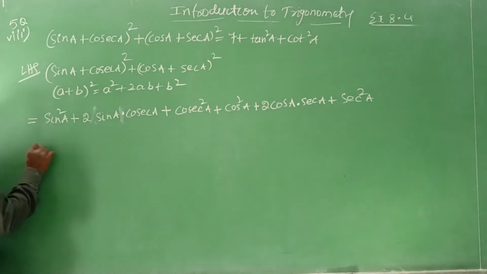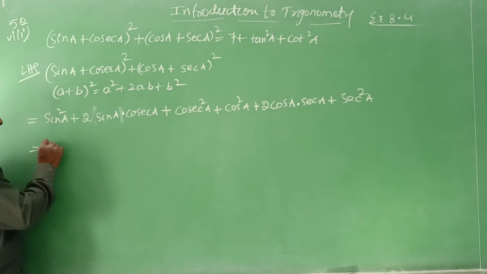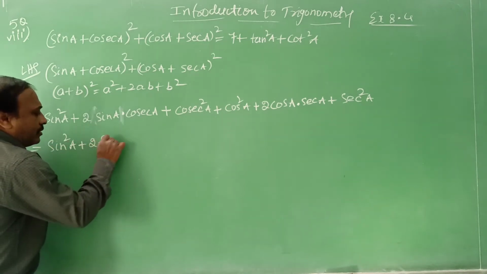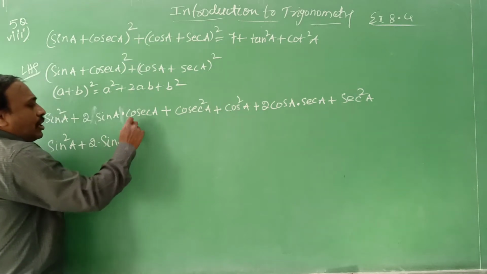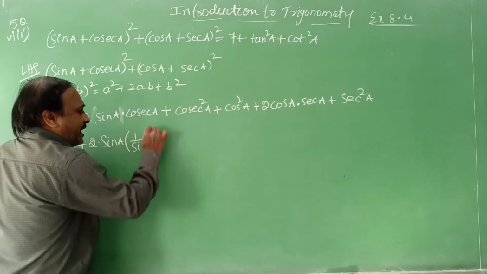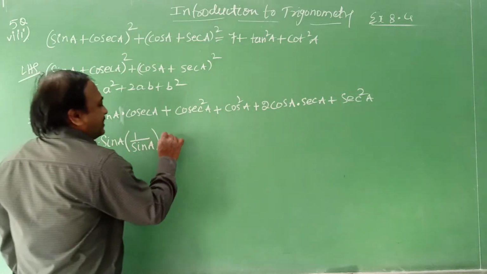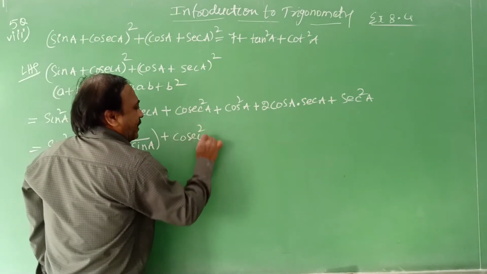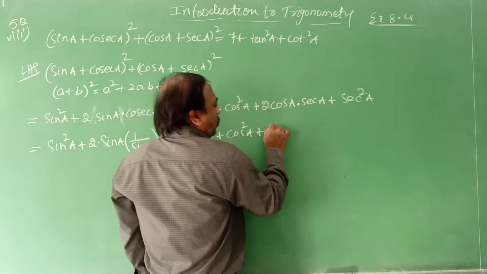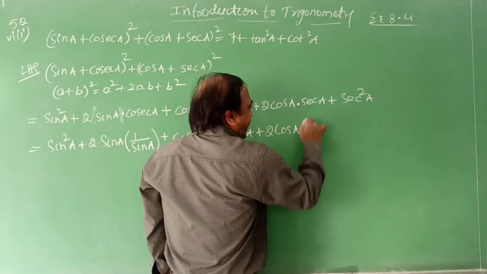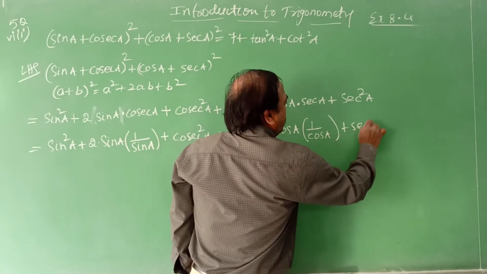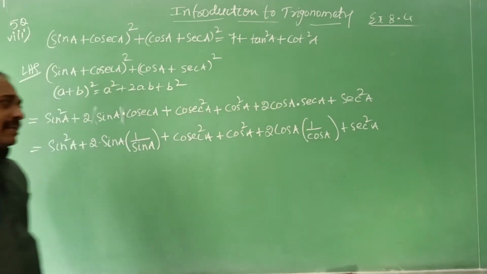Now this one: sin square A plus 2 into sin A into cosecant A can be written as 1 by sin A, because they both are reciprocals, plus cosecant square A, plus cos square A plus 2 into cos A into secant A, I am writing as 1 by cos, plus secant square A. Correct?